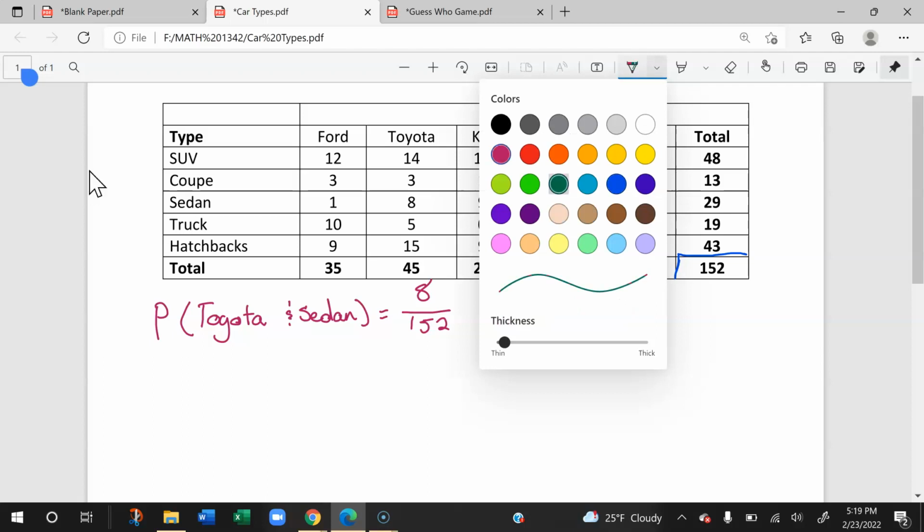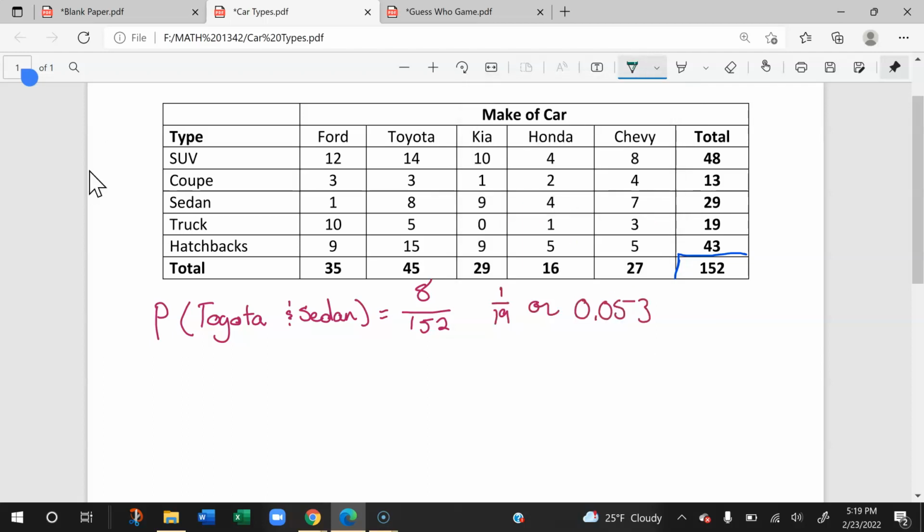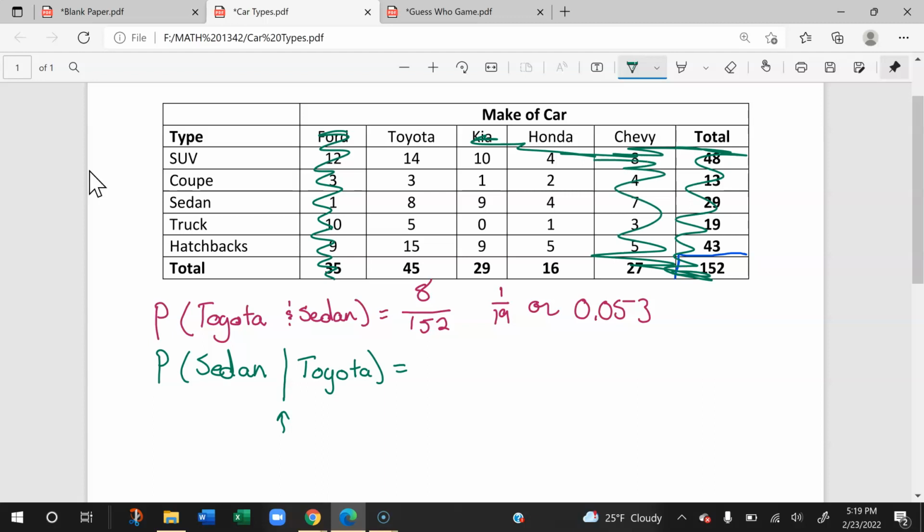Now, I want the probability that the car is a sedan given I know that it's a Toyota. Remember, that's what this line means: I want the probability it's a sedan given it's a Toyota. So if I know that it's a Toyota, basically I'm marking everything else out.